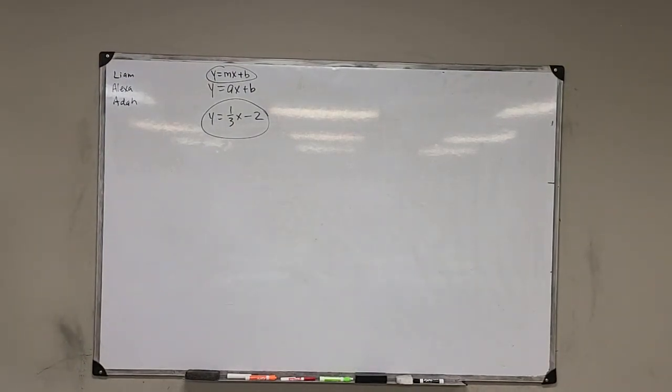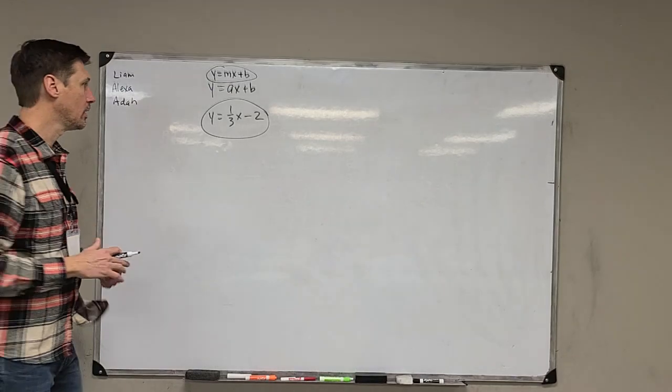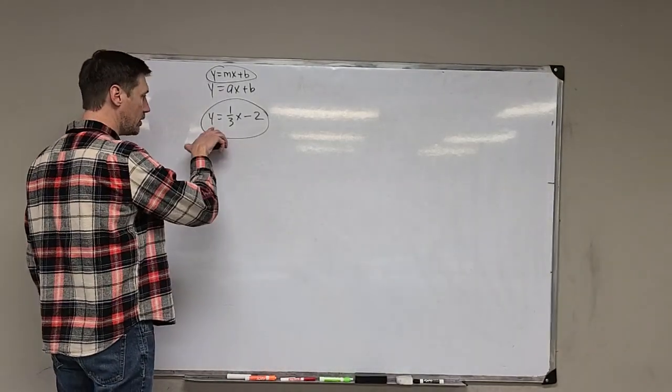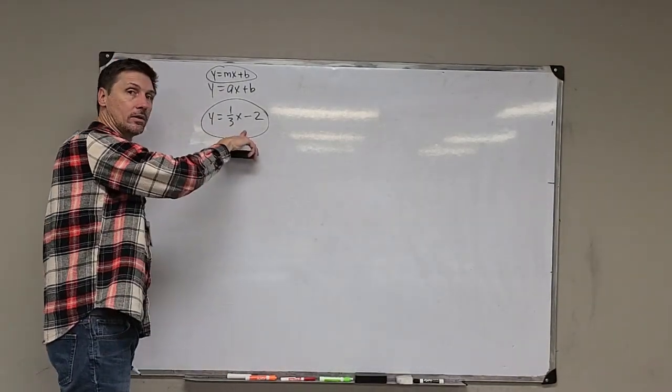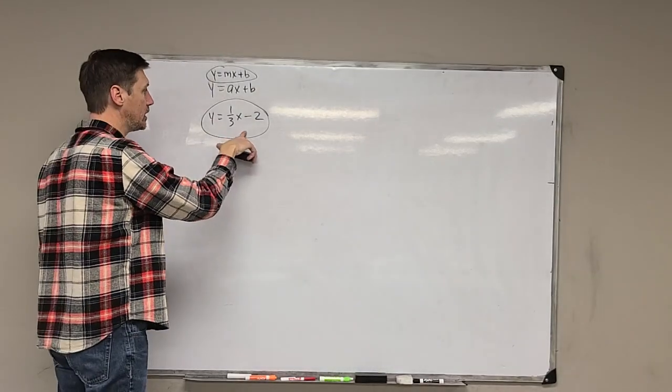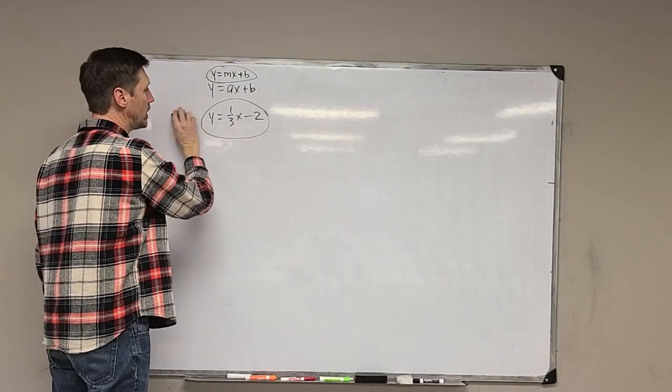Does anybody want to know what m represents in that equation? Cohen, you were shaking your head. Do you remember what m is? Okay, m is what we call the slope, and b is the y-intercept. And so we call this form the slope-intercept form. All right, so we're going to get good at rearranging our equations for lines and putting them in this form so that we can more easily graph them.